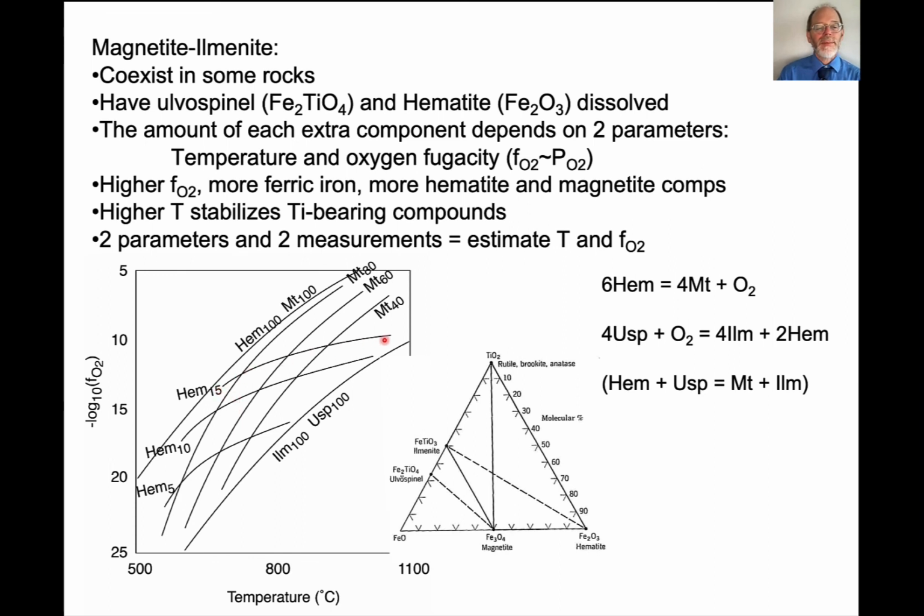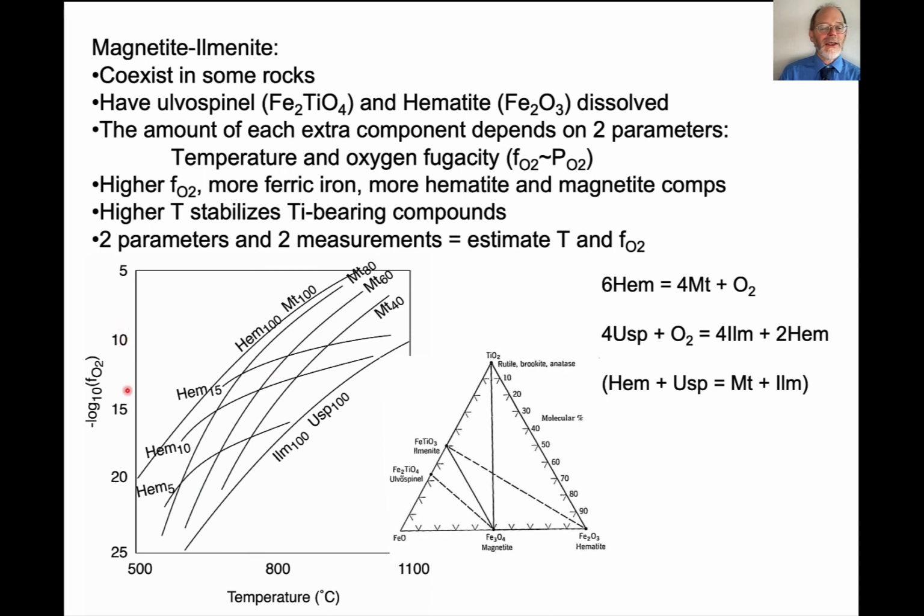You measure the composition of an ilmenite and you identify how much hematite is in it. So let's say it has 5% hematite component. And then you measure the titanium content and you figure out how much of this weird ulvospinel component is in it. And if it's 40%, so magnetite is 60%, then that tracks out this line on what is this?